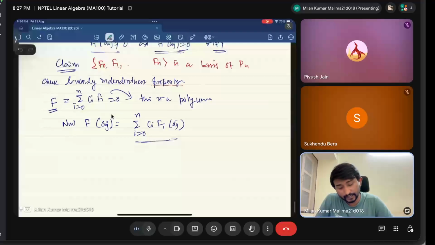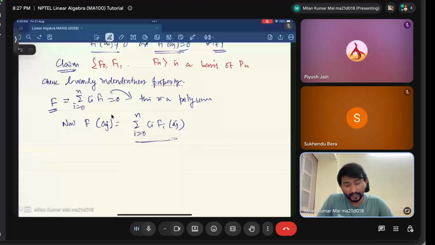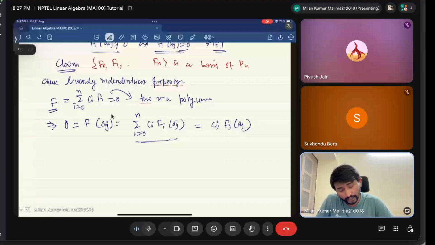Now this is the zero polynomial, so F equals 0. F is the zero polynomial, which sends every element to 0 at any point. So what we obtain is cj fj(aj) equals 0, but it is given that fj(aj) is not equal to 0, so cj is equal to 0.